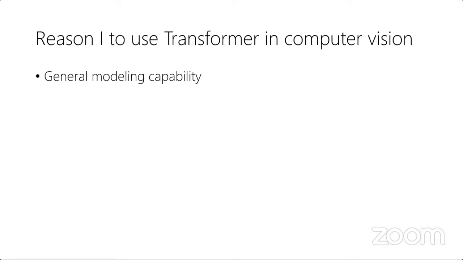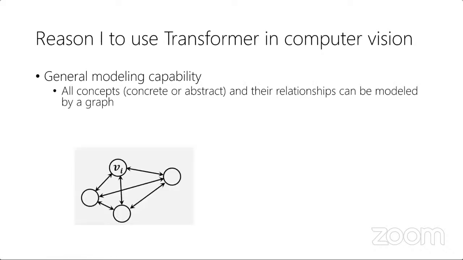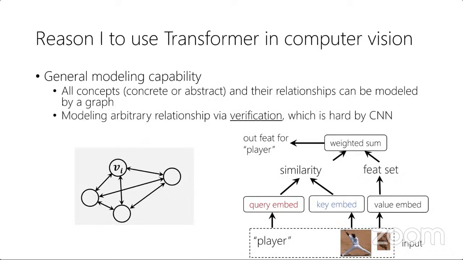Let's go to the first reason to use transformer in computer vision: that transformer owns general modeling capability. In fact, transformers can be treated as a general graph, where all concepts and their relationships can be modeled by a graph. The concepts can be either concrete or abstract. The general modeling capability is also partly ascribed to the verification principle in building relationships between graph nodes.